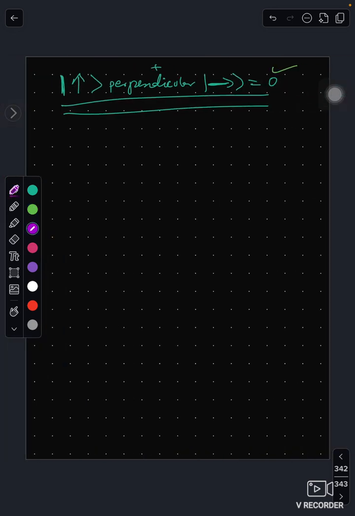But now let's suppose we add a third polarizer. Here comes the main thing.